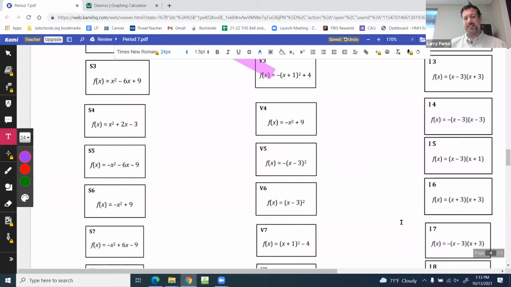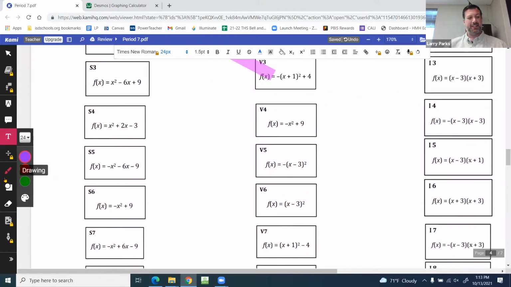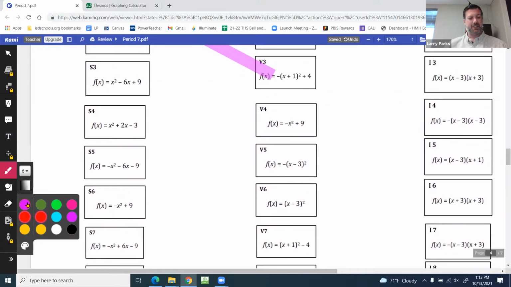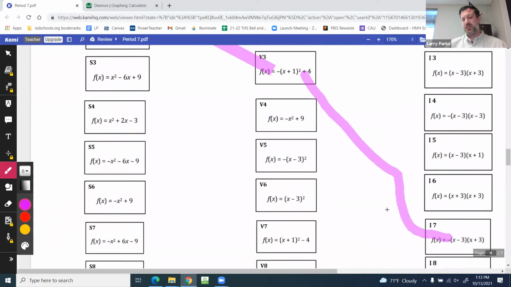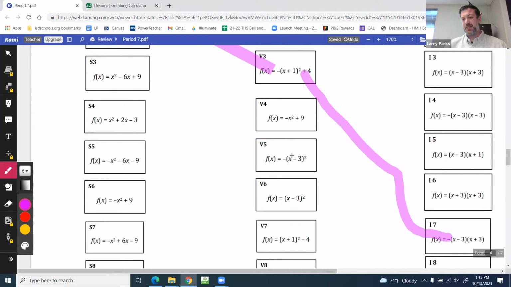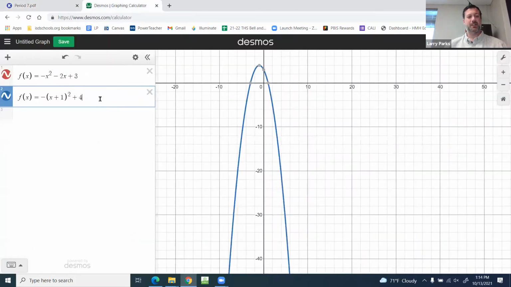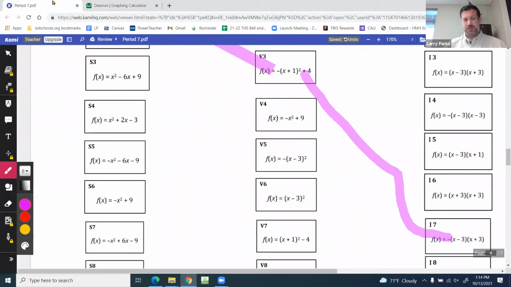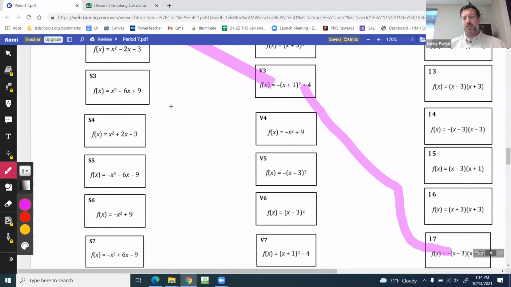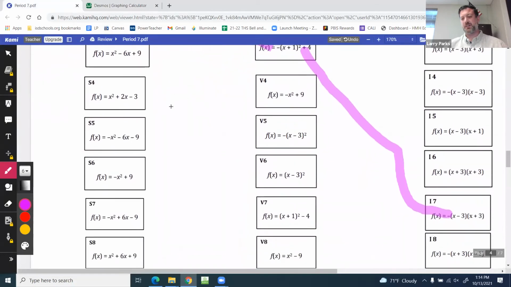So it looks like this one goes to here. And I could check it or type it in, negative (x plus 3)(x minus 1). And just make sure it's the same thing. Uh-oh. Oh.